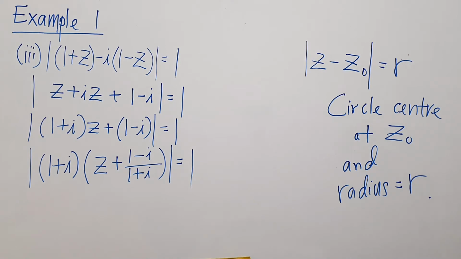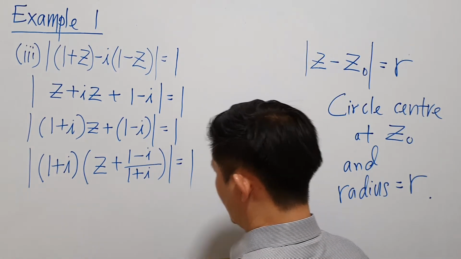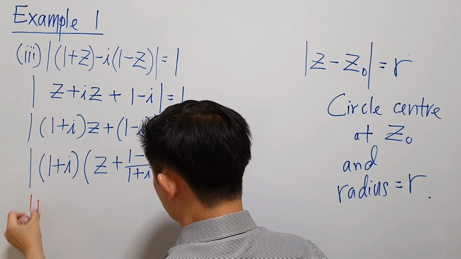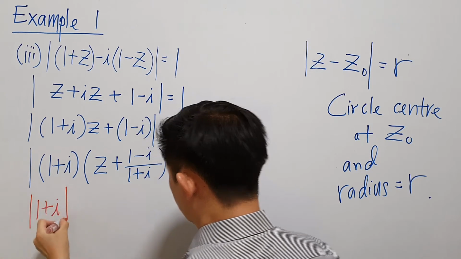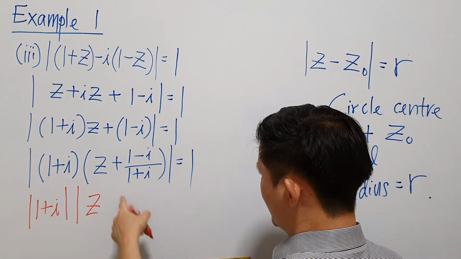Then from here, if you have the modulus of a product, I can change this to become the modulus of the first complex number times the modulus of the second complex number.